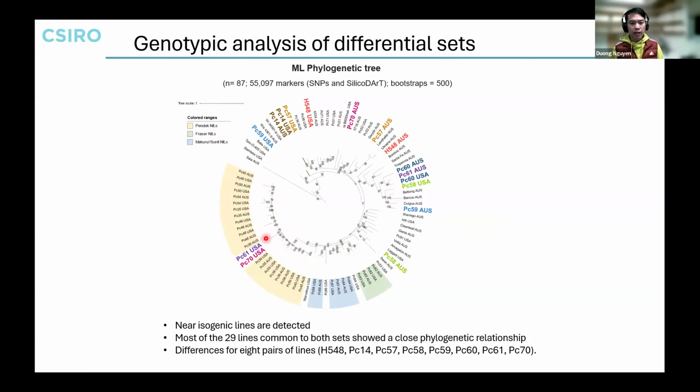Besides these groups, we also looked at the 29 lines in common between both sets. However, we highlighted in color that there are 8 paired lines that are supposed to be identical but sit in different branches, which suggests that they have different genetic backgrounds.